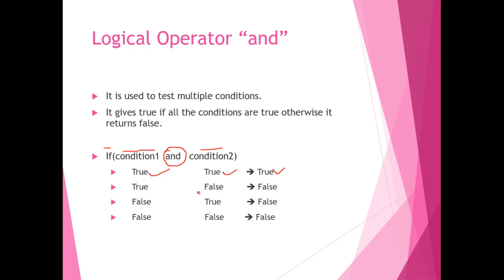If the first is true and the second is false, or the first is false and the other is true, or both are false, in all these situations we get the result as false. We get true only when all the conditions are true in case of AND.